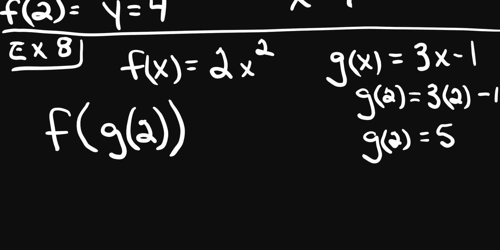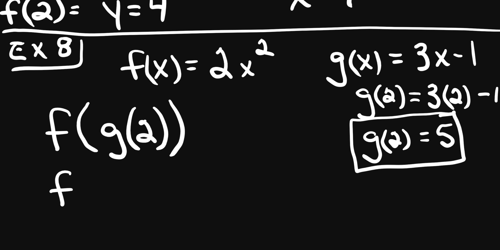Given this idea of substitution, that's really an important skill. If g of 2 equals 5, I'm going to substitute that for the g of 2 in the parentheses of f of g of 2, so f of g of 2 is f of 5. So I've got that done.